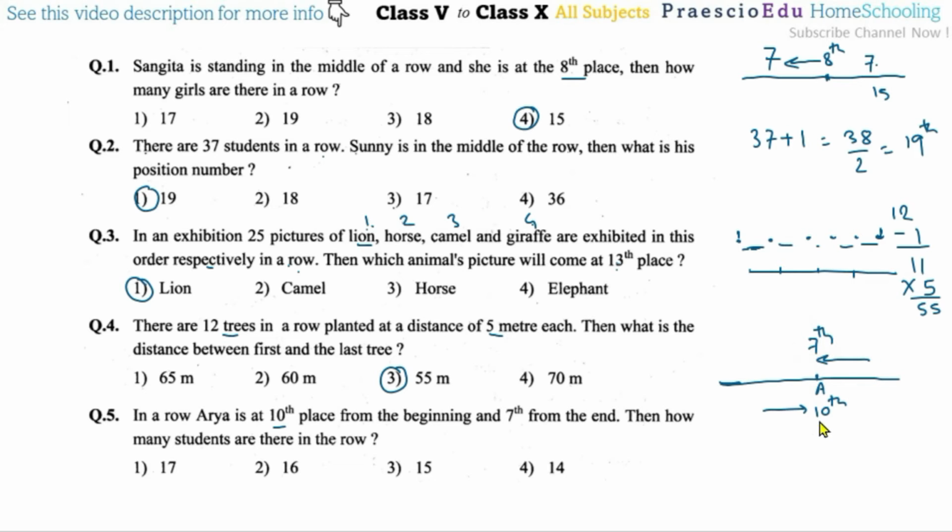That means before the 10th there are 9 students, and before the 7th on this side there are 6. So 9 plus 6 is 15 and Arya's one counting, so 15 plus 1 is 16 total students in a row. So 16 means option number 2 is the correct one.